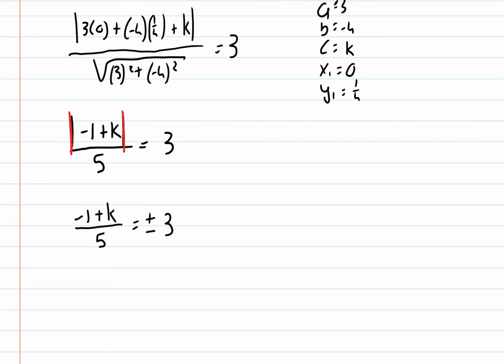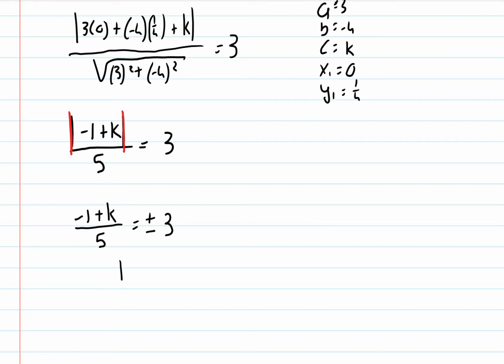Okay? The other way of dealing with this modulus sign was if we squared both sides. But remember, if we squared this here, we'd end up getting a messy enough sum. So the easiest way to do it is get rid of the modulus bars and then say plus or minus on the other side.